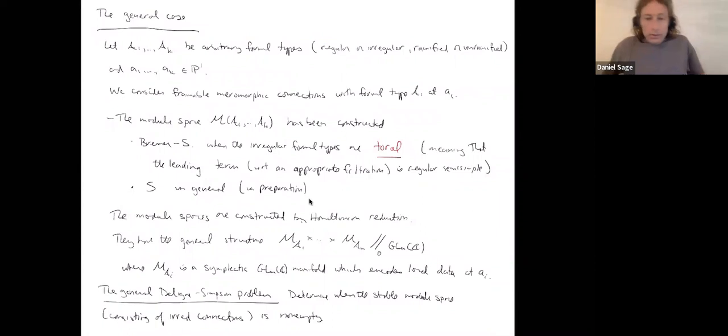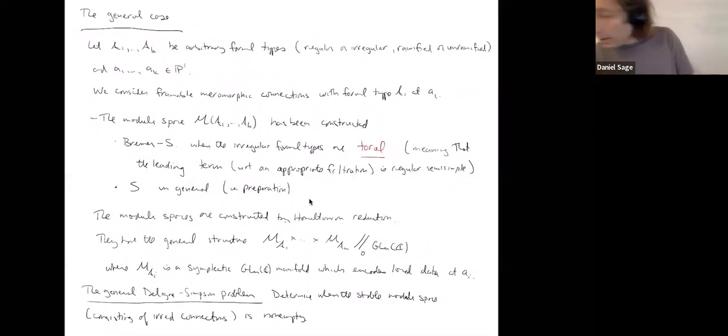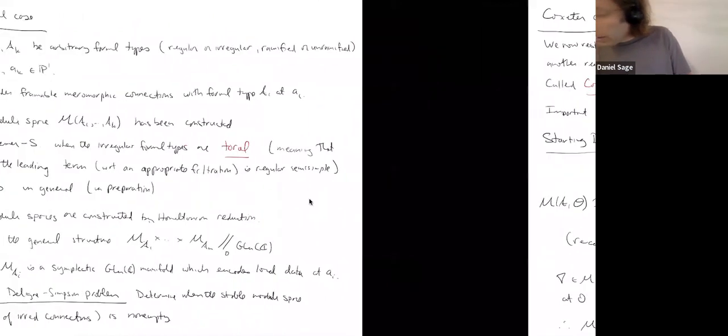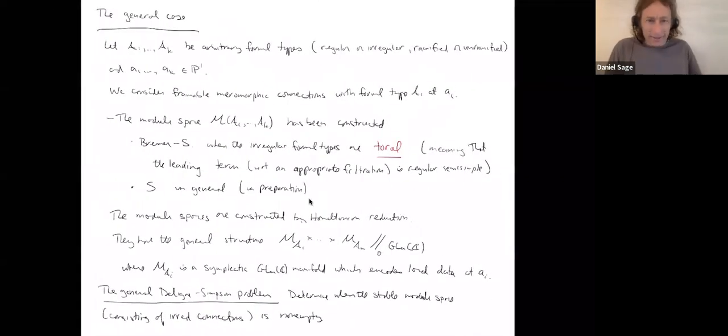Now I can state the general Deligne-Simpson problem, and that might be the last thing I talk about. So here's the general case. We take arbitrary formal types, regular, irregular, ramified or unramified, anything you want, at three given singular points. And now we consider frameable meromorphic connections with these formal types at the singular points.